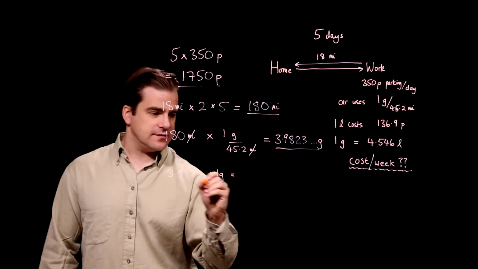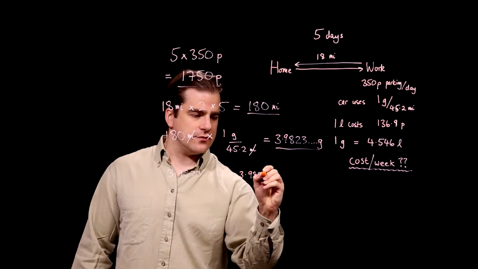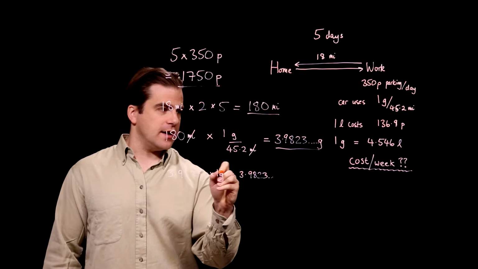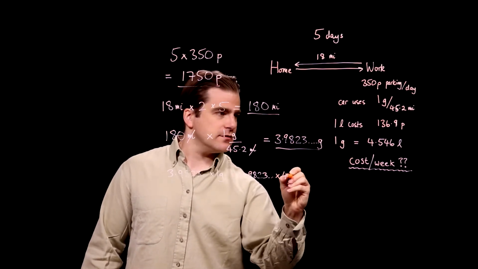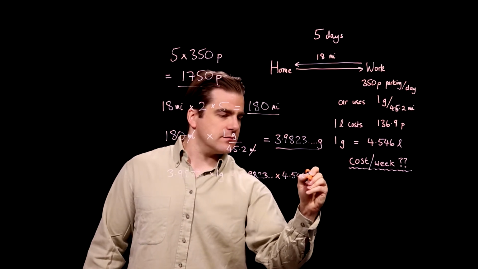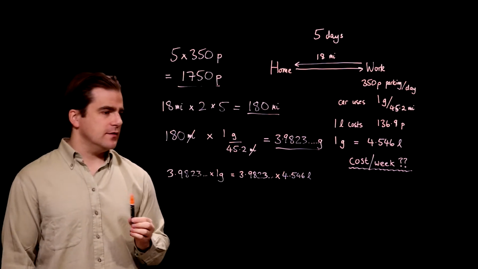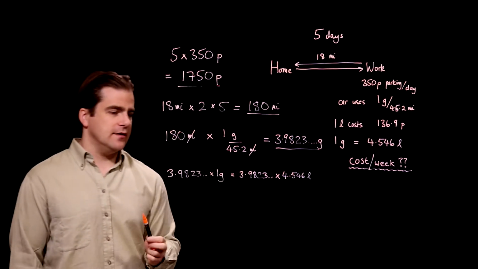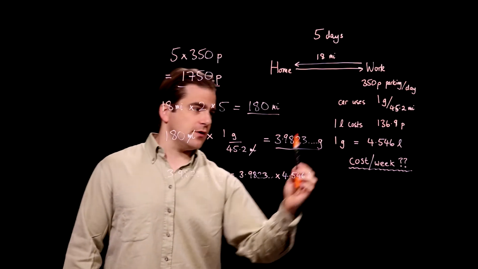So that is the same as 3.9823 whatever times 1 gallon, which is 4.546 litres. That's why I wanted you to write it like this, because it helps the conversion into litres. It makes it very easy. It's like 3.9823 times 1 gallon, and they tell you that 1 gallon is that.